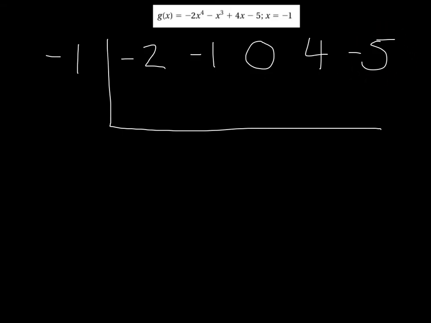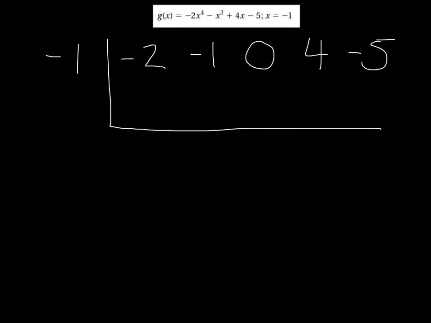So when you set up a problem for synthetic substitution, you need to make sure that every exponent has some kind of coefficient attached to it, even if it's not seen in the actual function itself. In this case, we have no x squared term here, but we need to account for it by using a 0 as the coefficient for x squared.